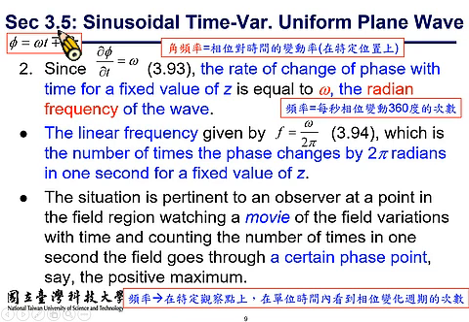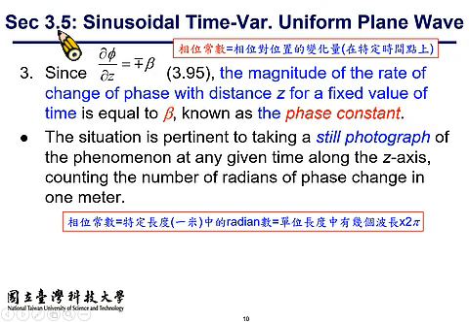So that's the frequency. Frequency f is the number of times the phase changes by 360 degrees in 1 second for a fixed position of z. And next is the derivative of phi with respect to z. So you perform a spatial differentiation.